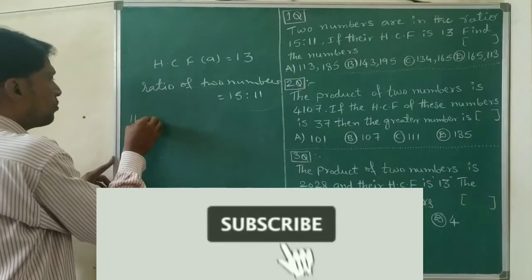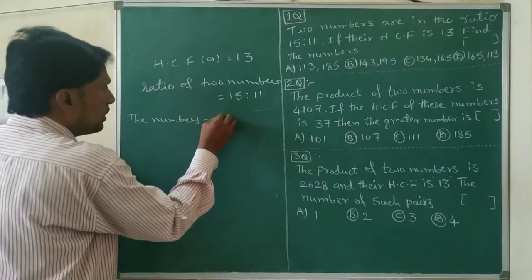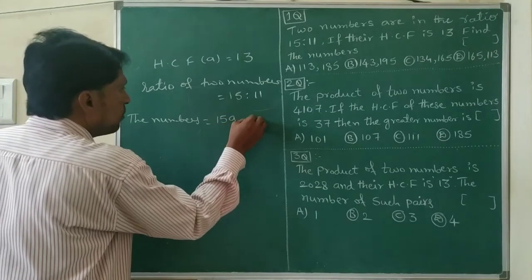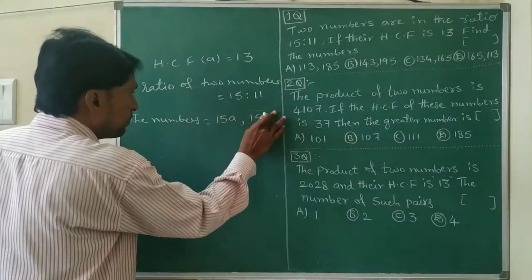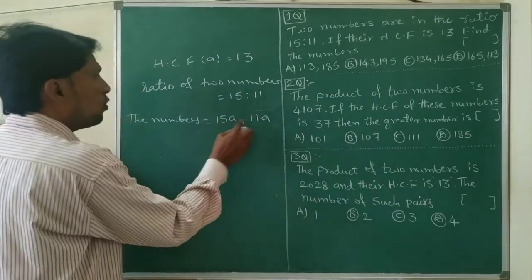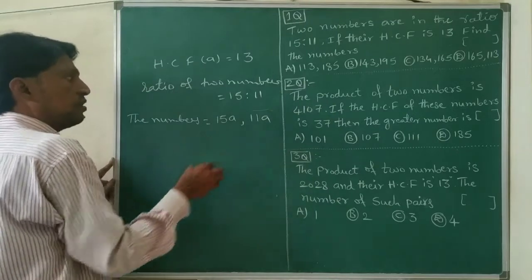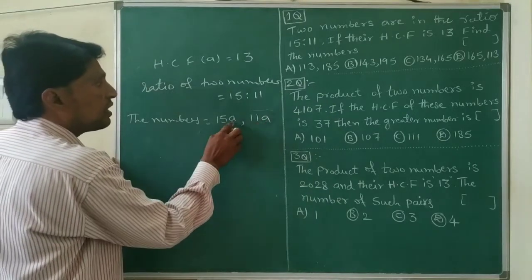So the numbers we can take as 15A, 11A. Both have the HCF, the common factor that we took as A.